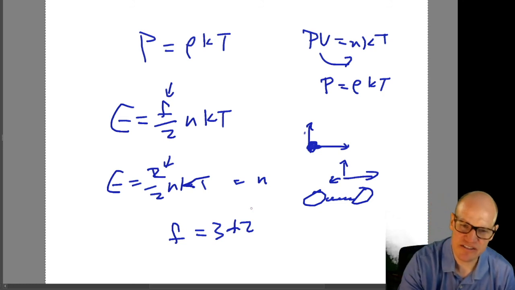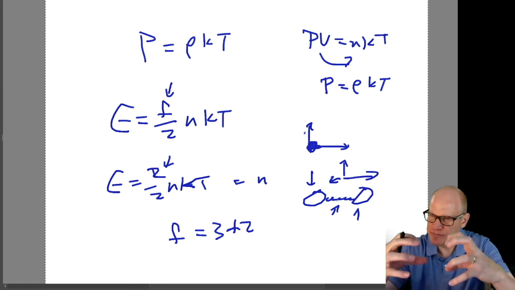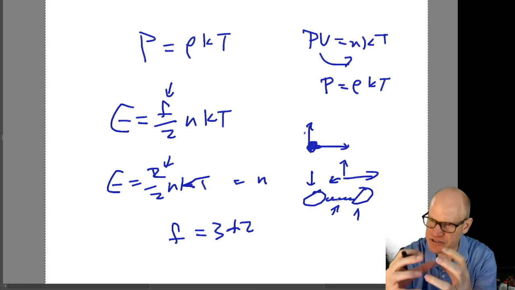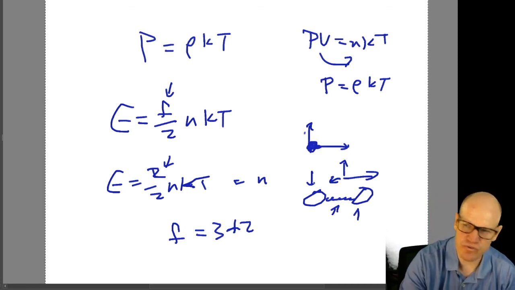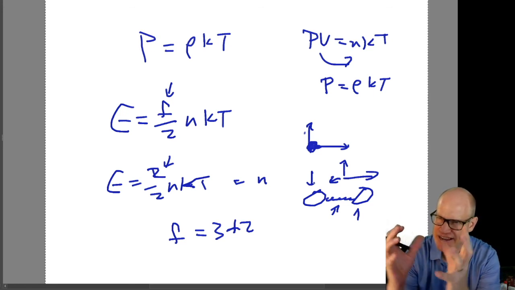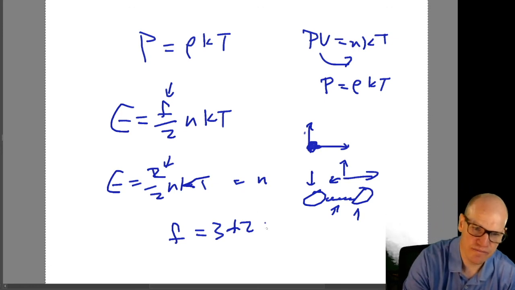When it oscillates, you get the kinetic energy of the atoms as they move back and forth, and you also get energy in the bond between them. As you strain the bond, you store energy in it, the same way that if you compress a spring, you store energy in the spring. So that's 2 more.